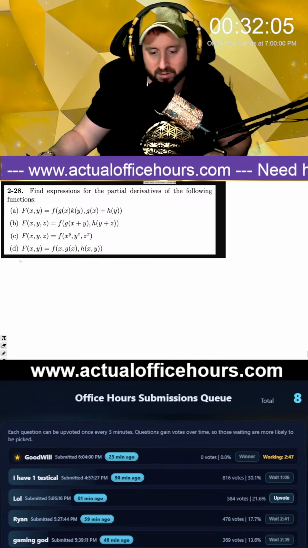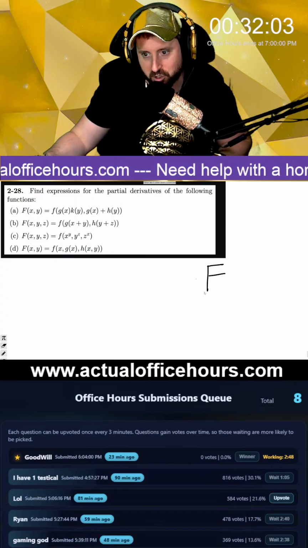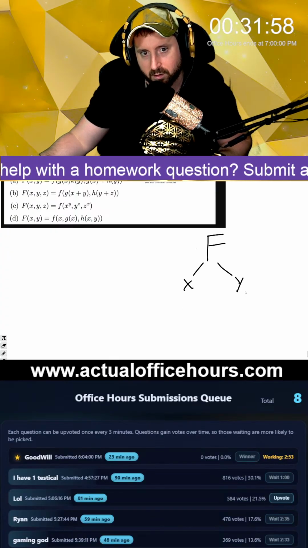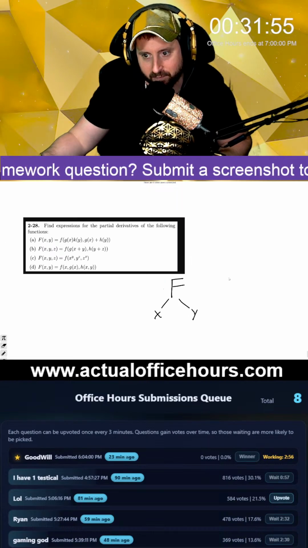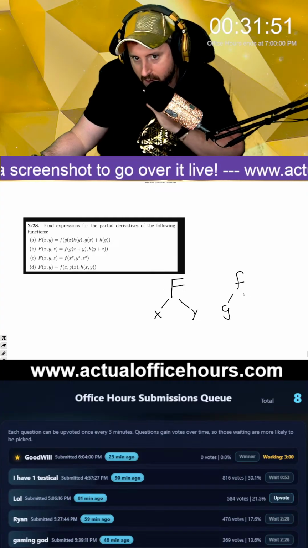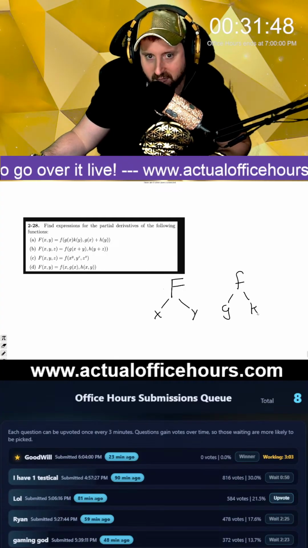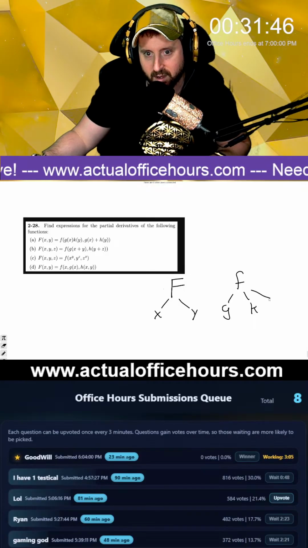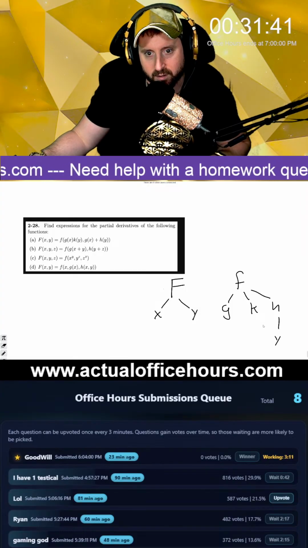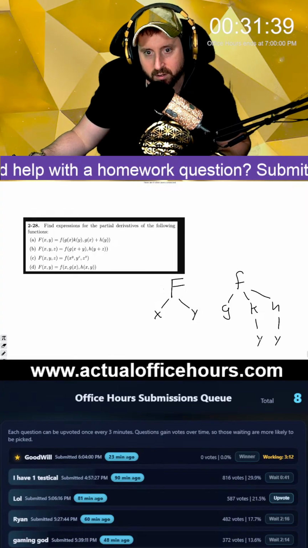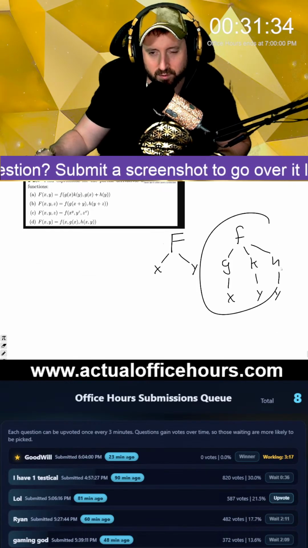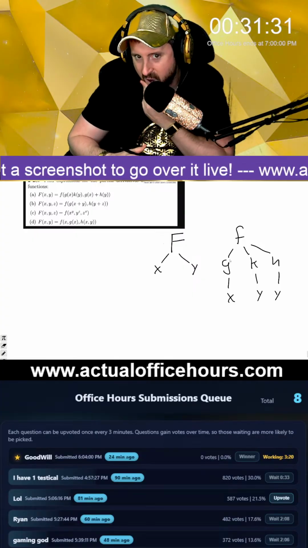You have to build families, right? So f is a function of x and y. But f is a function of g, k and h, and then h is a function of y, k is a function of y, g is a function of x. And then you have to go all the way down.